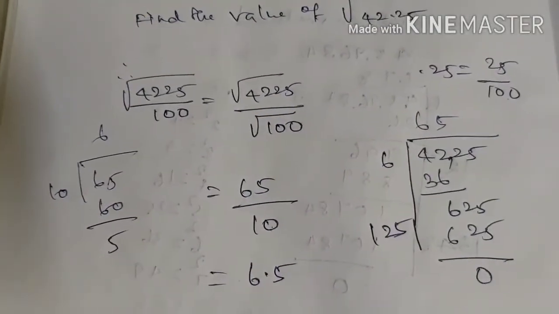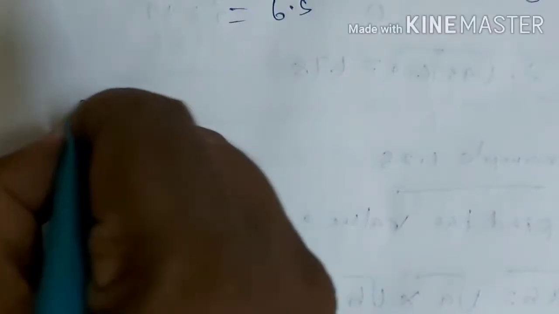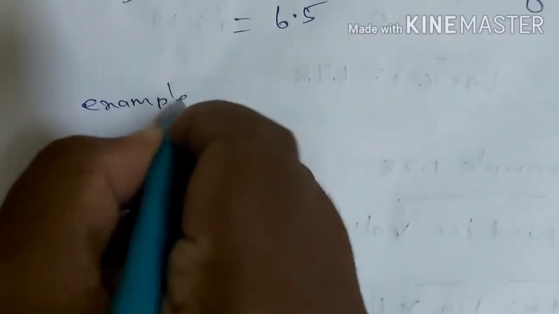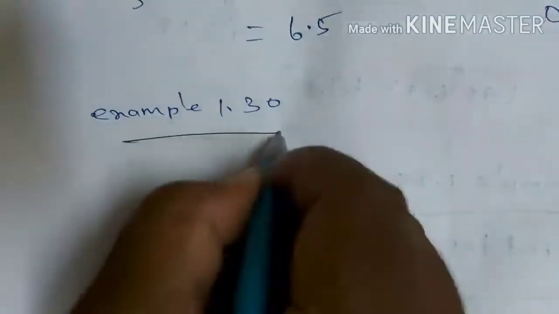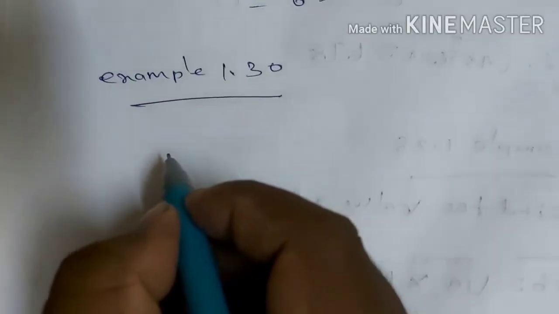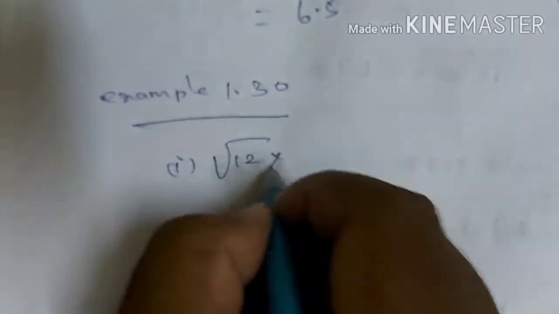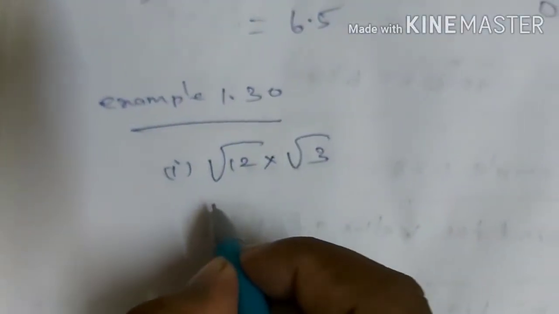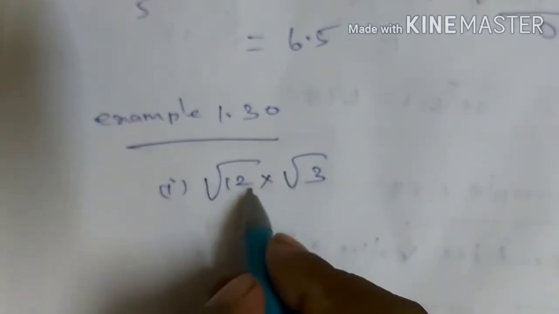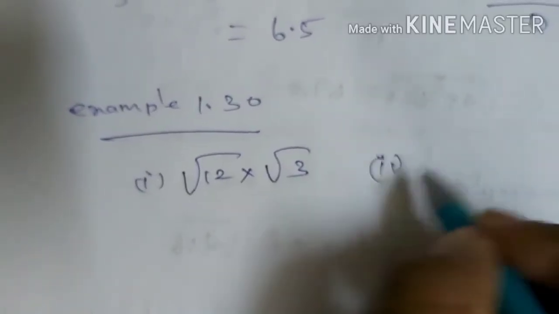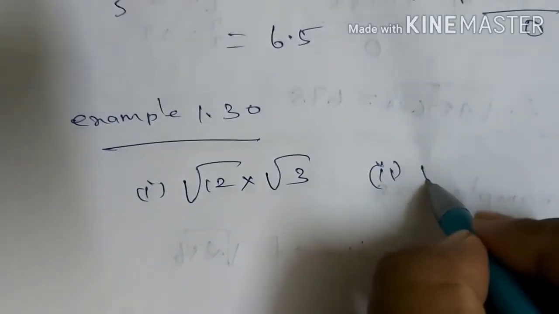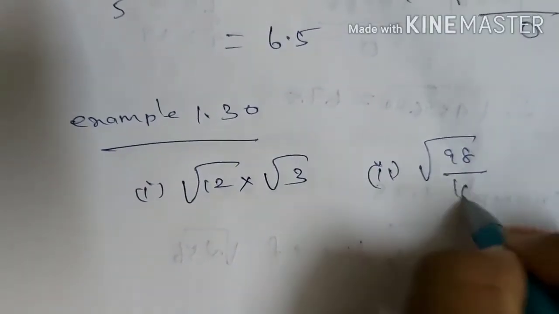And next sum, example 1.30: simplify the square root of 12 multiply the square root of 3, and second, the square root of 98 by the square root of 162. Here directly multiply. First sum: the square root of 12 multiply the square root of 3.